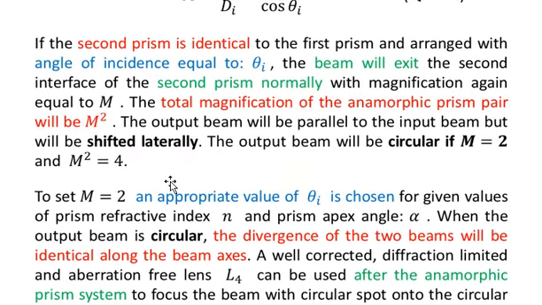But you see that the divergence of the system will still be equal to the divergence of the vertical beam. That is, theta perpendicular will be the divergence of the system after passing through this prism.